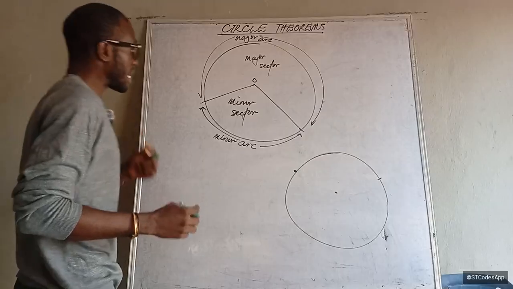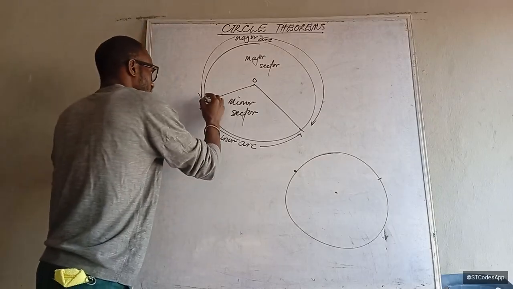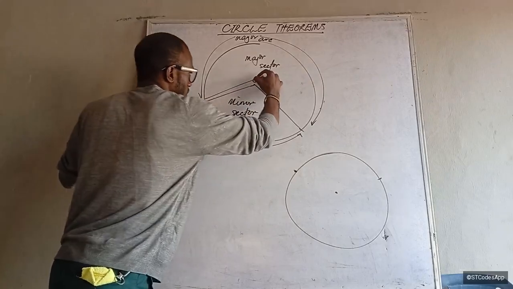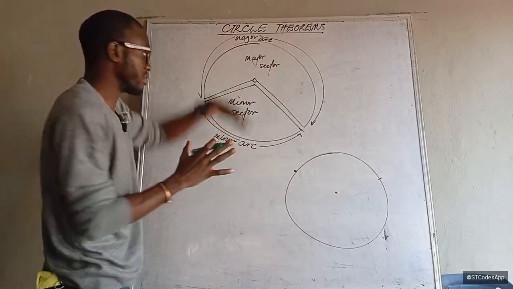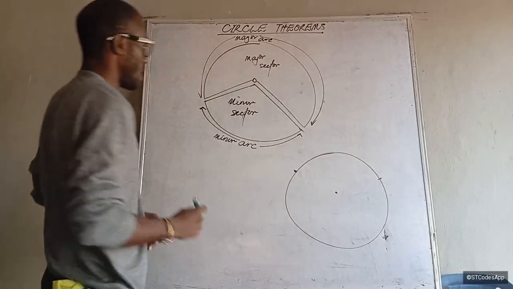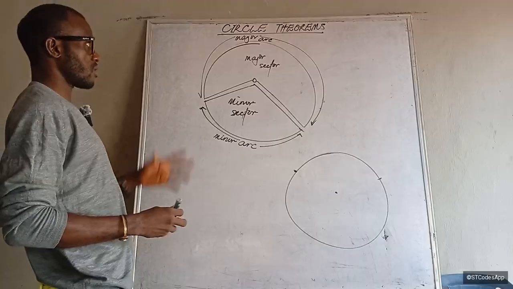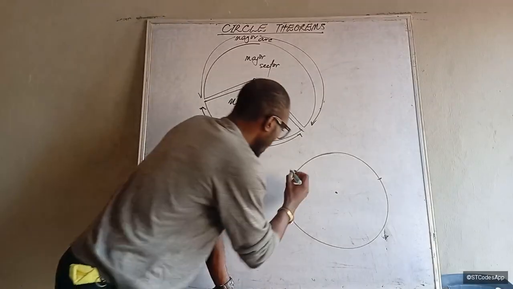Alright? So what I'm just saying is I have a pie shape here and a pie shape here. So these two pies make up my circle. I join them together. So those are the minor sector and the major sector. Okay? Now, look at this distance.